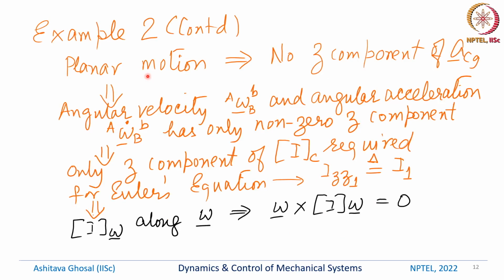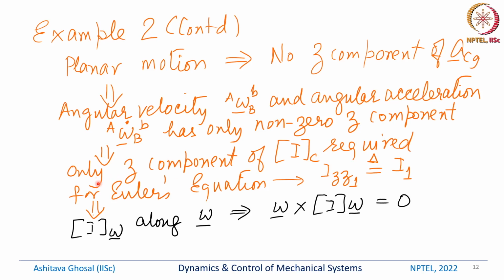Let's continue. As I said, it is a planar motion, so there is no z component of the acceleration; it is only x and y components. Likewise, the angular velocity A omega B and the angular acceleration, the time derivative of A omega B, have only a non-zero z component. It is coming out of the page, along the motor axis, and that is what gives theta 1 dot and theta 1 double dot.